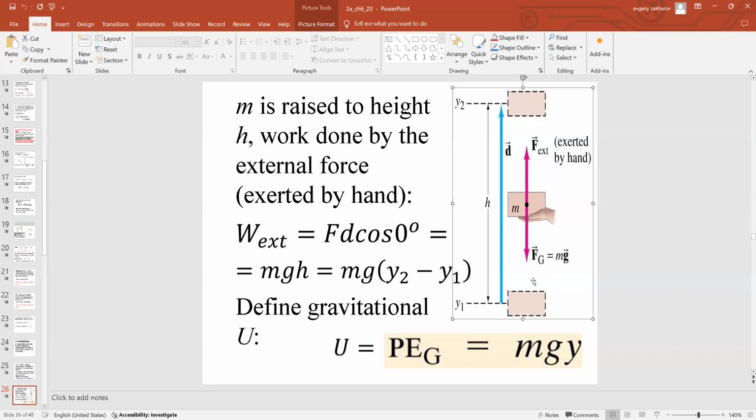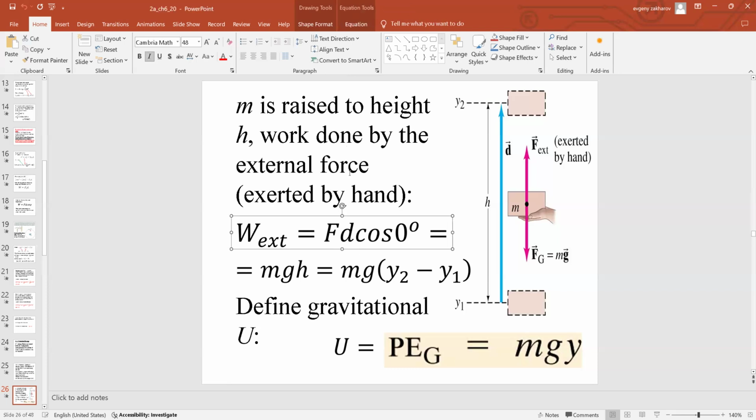What kind of force are we talking about? Work done by the external force by hand during your pushing upward is force, displacement, and the cosine of 0. Force is up, displacement is up. So the angle between those two vectors is 0. Cosine of 0 is positive 1. And D is h. You can see how h is the notation.